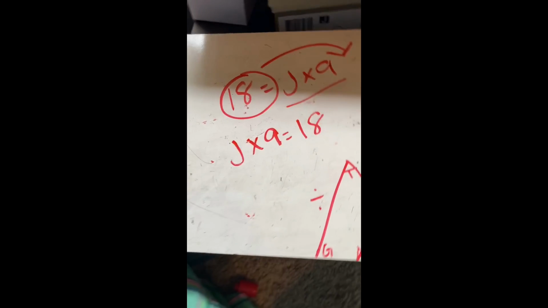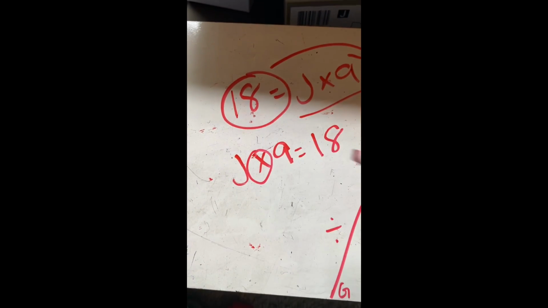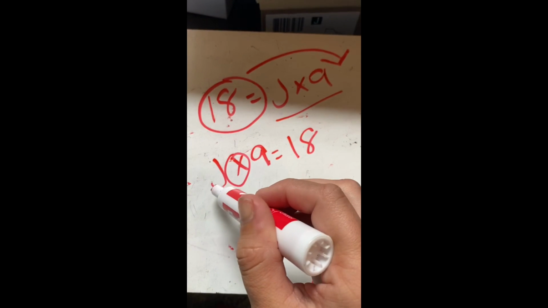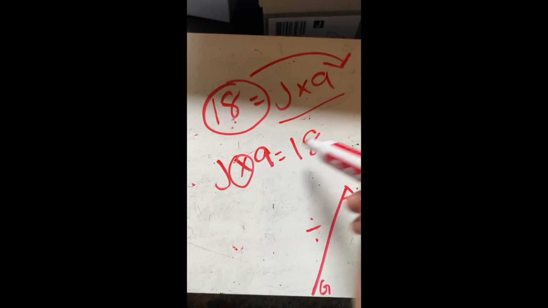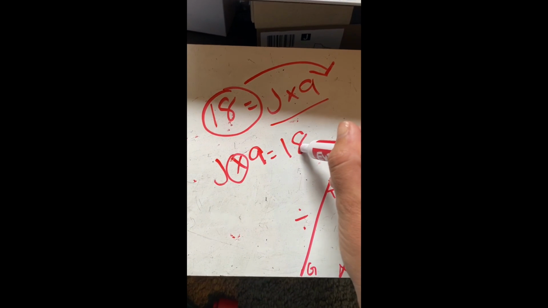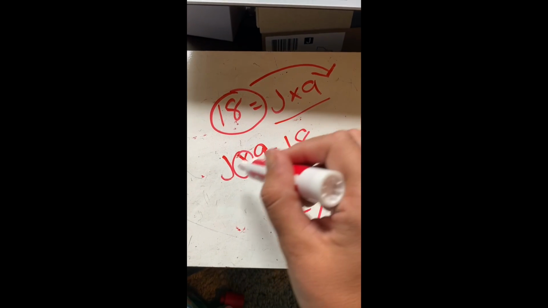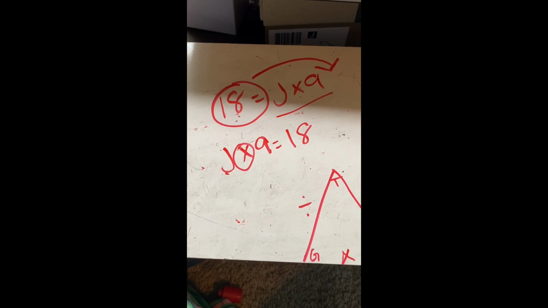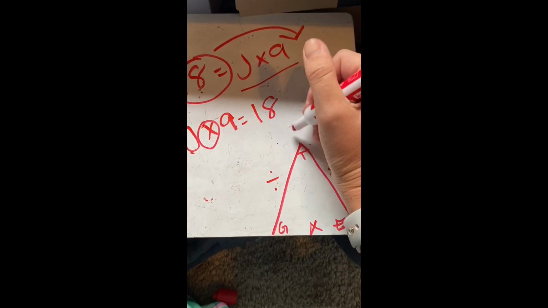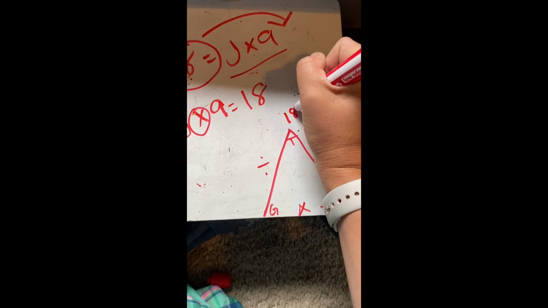All right. When I am multiplying, where is my total? Do I have everything I need at the beginning and then multiply, or do I get everything at the end? Do I get the total at the end or the beginning? Hopefully you remember that I get my total at the end when I multiply.